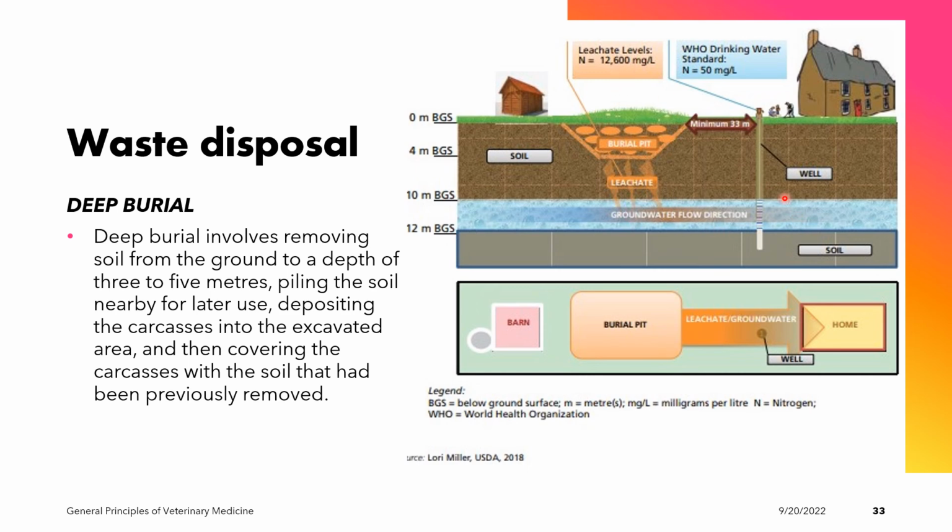The carcass leachate is shown to contain over 12,000 milligrams per liter of nitrogen as ammonium. As shown in the figure, the carcass leachate can contain about 12,600 milligrams per liter of ammonium, which is of course detrimental to the organisms that can be exposed to this high amount of ammonium.